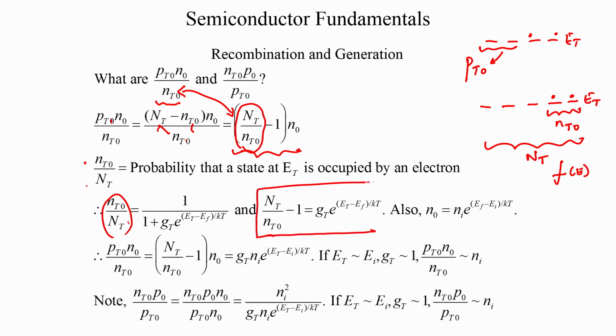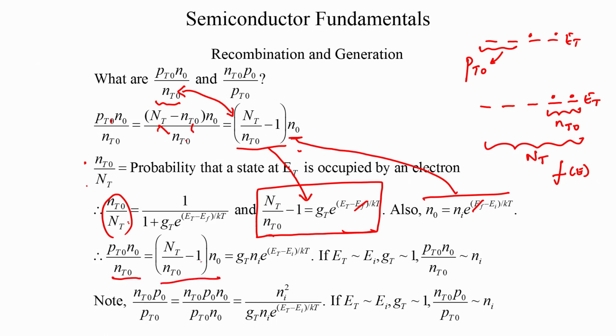So, this term here is that term within the brackets, and NO is the equilibrium hole concentration, which is nothing but Ni e to the power EF minus EI by KT. So, the product of these two will result in the EF disappearing, okay. So, PTO NO by NTO is nothing but this term, and this product is nothing but GT e to the power ET minus EI by KT.